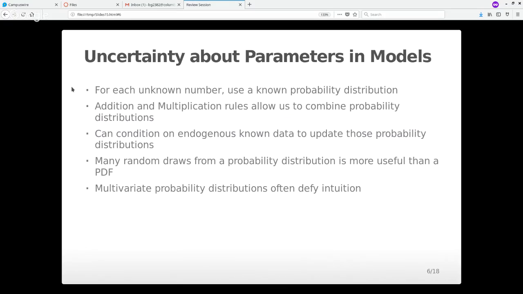The mode can often be on the edge of the admissible parameter space, even when most of the draws are well interior to the parameter space. So there's a lot of confusing things that go along with probability of random variables in multivariate spaces. But if you have draws, you can just investigate all that.